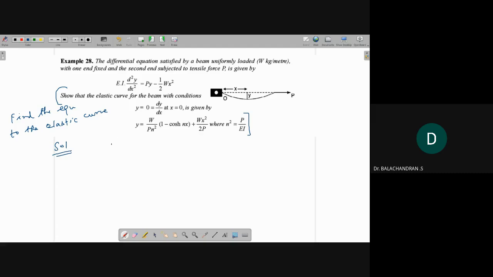So what is given in the question? EI into d square y by dx square equal to capital Py minus 1 by 2 into W x square.